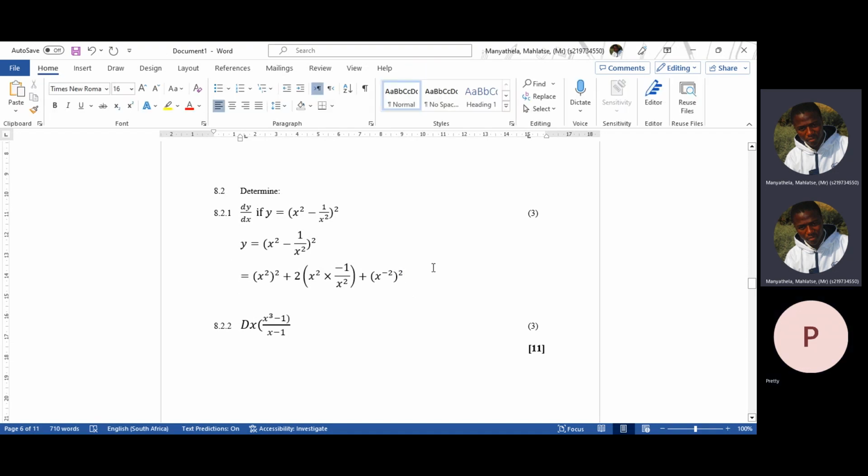Let's apply the laws of exponents again. We have two powers, meaning that we're going to multiply them. So negative 2 times 2 will be negative 4, and here we have 2 times 2, which is 4, so we'll have x to the power 4. Let's fix this one first.